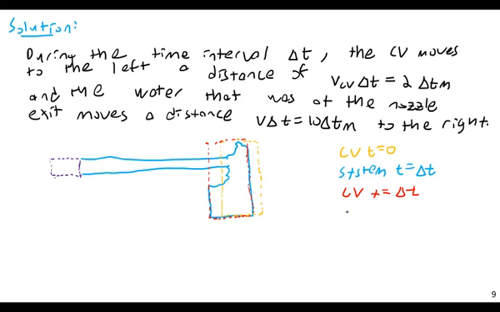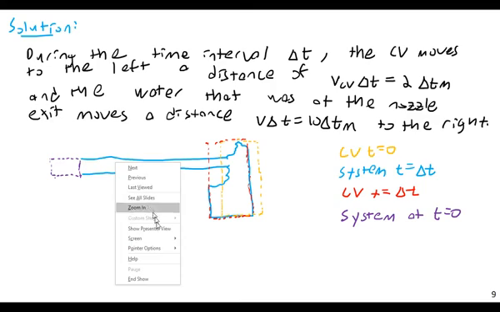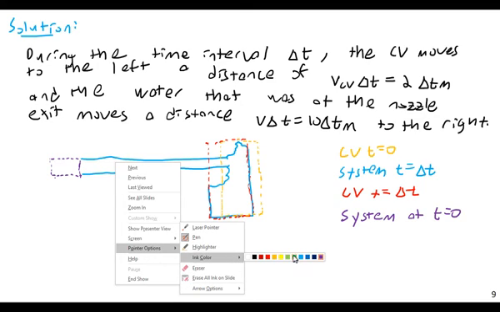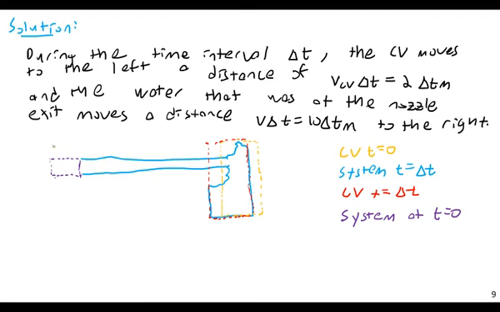This is the system at T equals 0. And so the overlap here then, let me label these, is 10 delta T, and this one is 2 delta T, 2 delta T, and this is 0.1 meters.